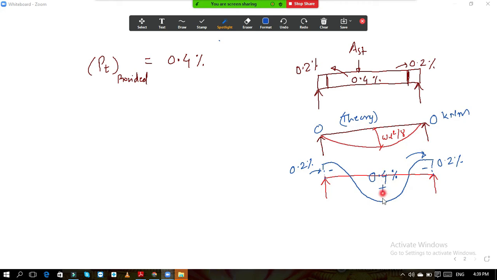So here is the maximum bending moment. So for this maximum bending moment, you have provided 0.4 percentage of steel. Okay, but there is some hogging moment developed at the support. So to resist this hogging moment, we provide some percentage of steel at the support also.